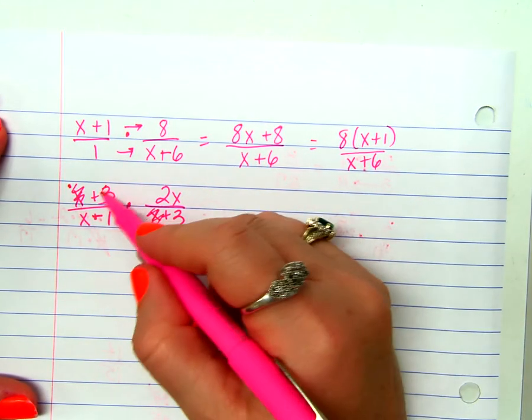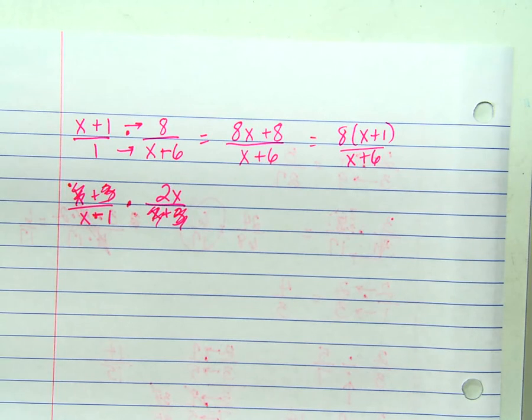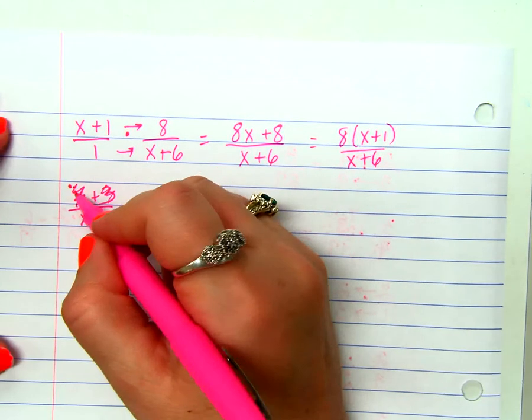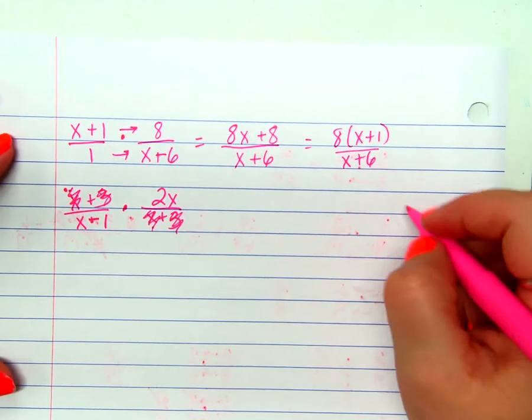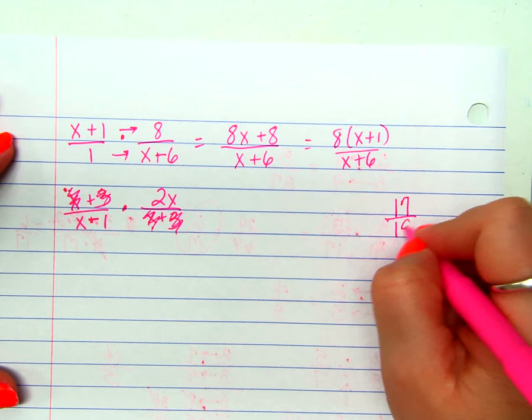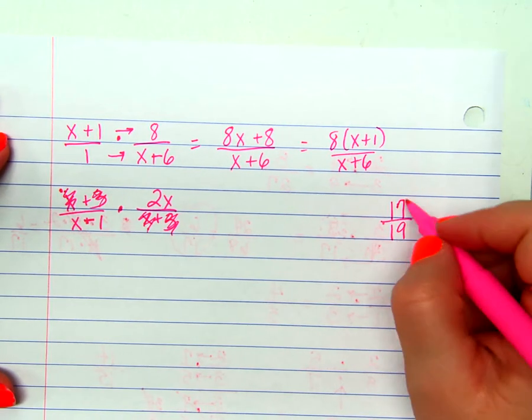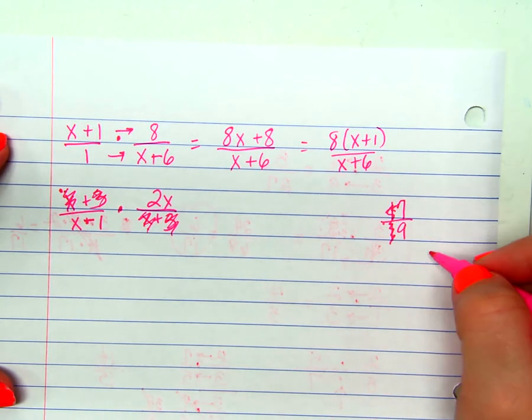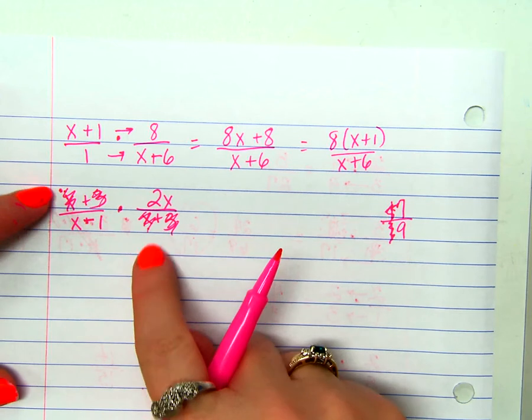I'm going to cancel out this 3 with that 3. Right? Oh, I'm canceling out the whole thing, right? I can't cancel out just the x's and just the 3's. That's like that thing I showed you earlier that I can simplify 17 over 19 by canceling out the 1's. Can I do that? No, that's what you're trying to do here, though.